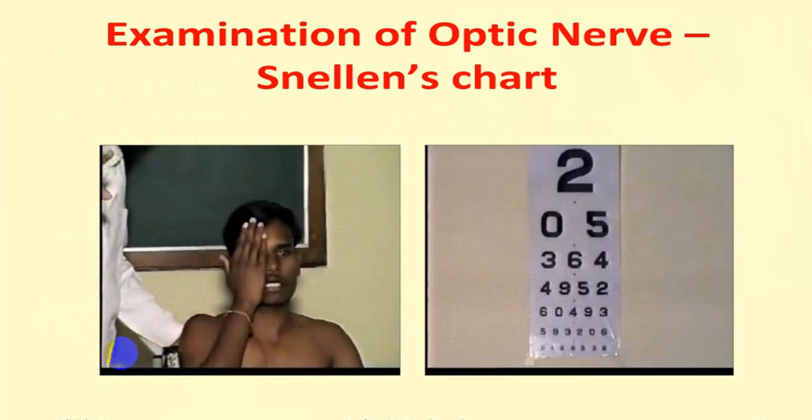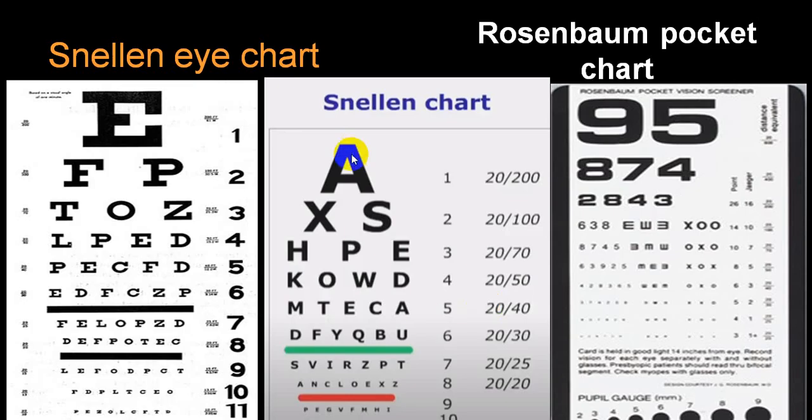So the person has to cover one eye, and you keep a Snellen's chart at a distance of 20 feet, or we call 6 meter, and you ask the person to read the lines, and it should be in a vernacular language which the person knows. So you ask the person to read from the top, and that is how it is done. And then accordingly you note the acuity of vision.